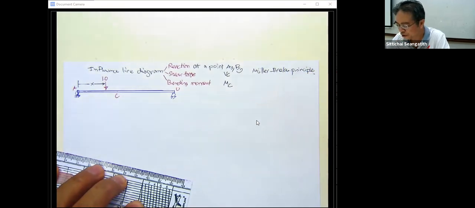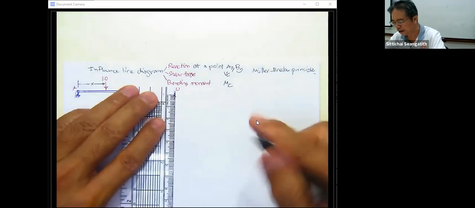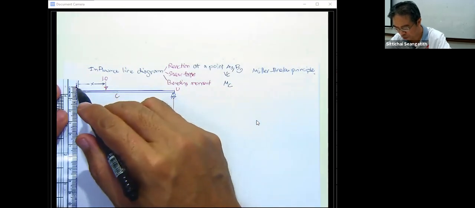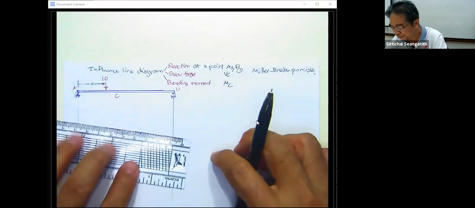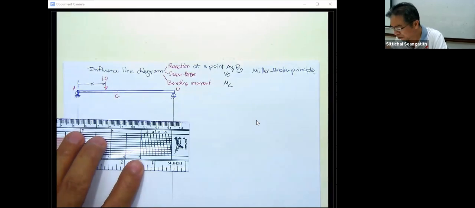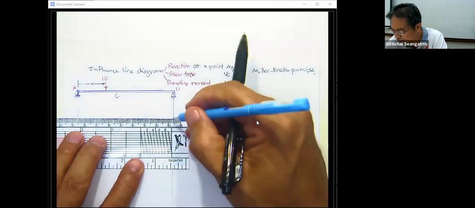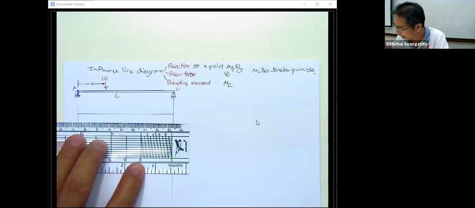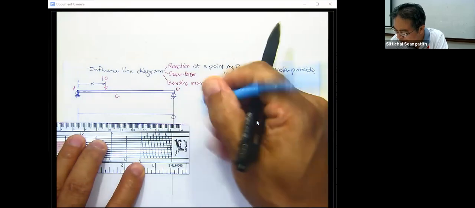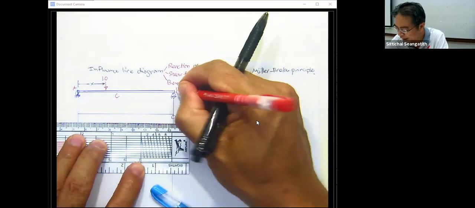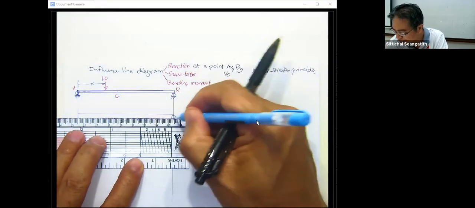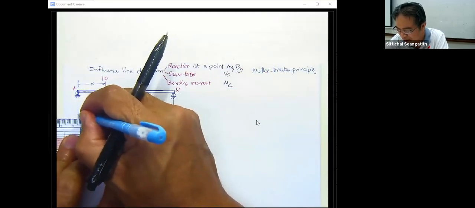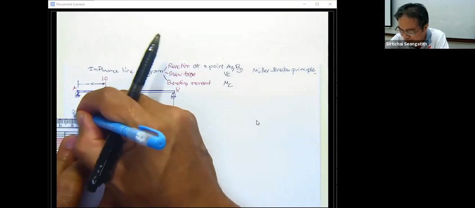By using this principle, if you would like to determine the influence line of A sub y, we keep the point, let's say this is B, the same as before, the system roller, and release the resistance to A sub y.